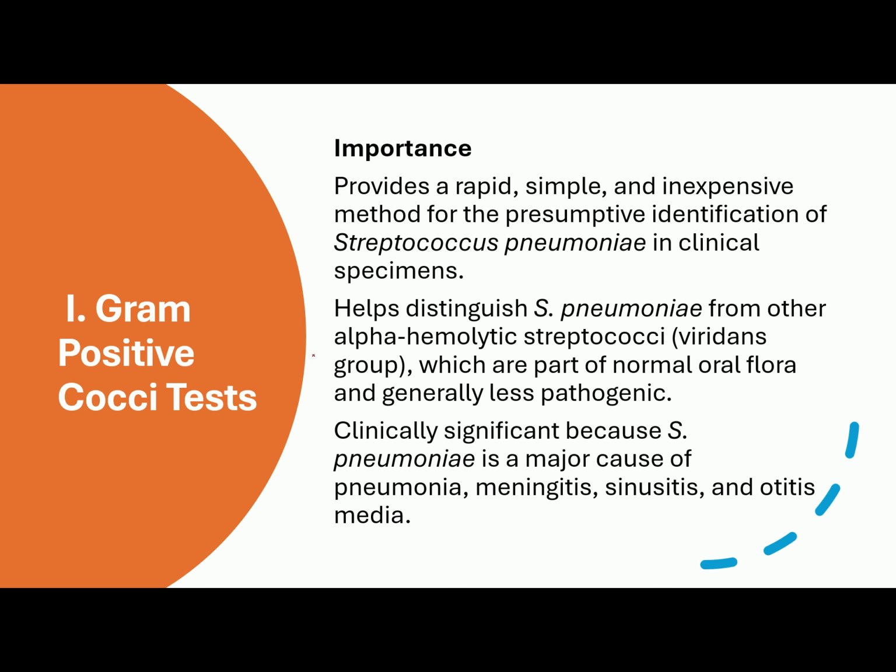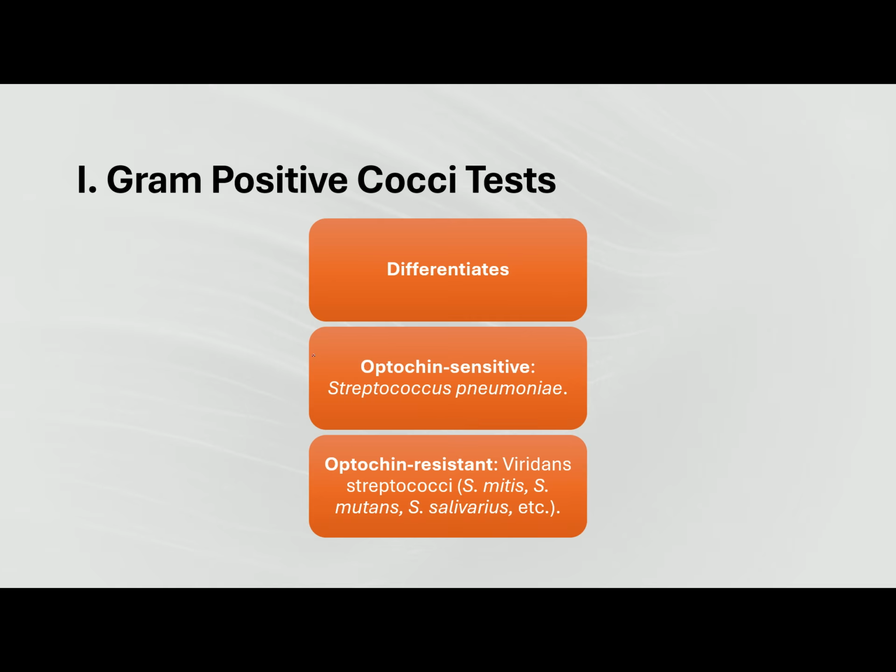So this is a rapid identification for S. pneumoniae, distinguishes S. pneumoniae from other viridans group. Clinically significant because S. pneumoniae is a major cause of pneumonia, meningitis, sinusitis, and otitis media. Differentiates Strep pneumoniae from viridans strep, S. mitis, mutans, salivarius, and others.